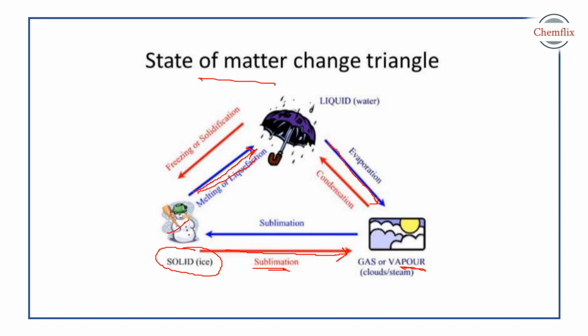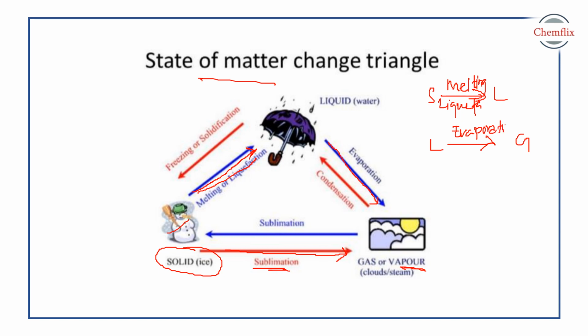Clear? Okay. All of you, please listen here. This is what we studied till now: states of matter and how they are interconvertible. Solid is converted to liquid by melting, or liquefaction. Liquid is converted to gas by evaporation.